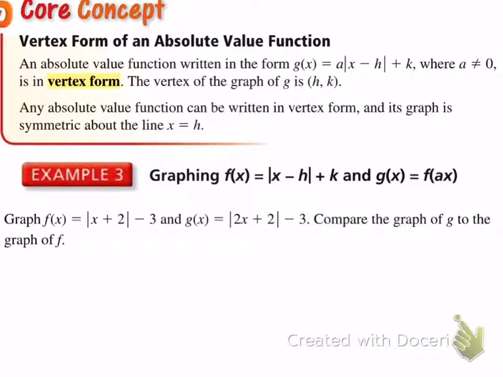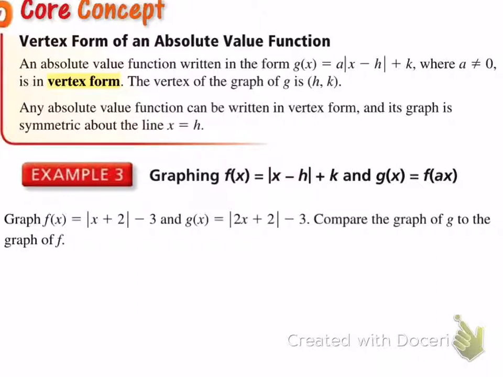And the one thing I want you to think about is, is this second equation in vertex form? Yes or no? Is the first one in vertex form? Yes. Okay. Why is the second equation not? Shaylin?